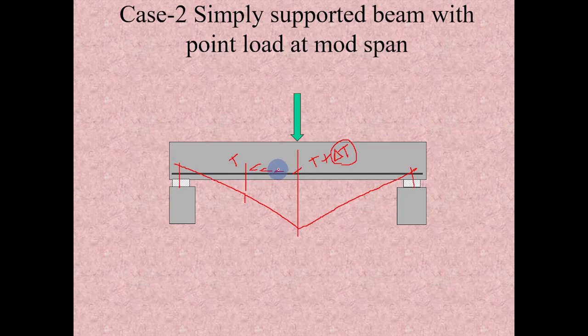Between these two sections, this bond stress is called the flexural bond. So the T will be equal to this T component, and this del T has to be taken care of by the flexural bond between these two sections.